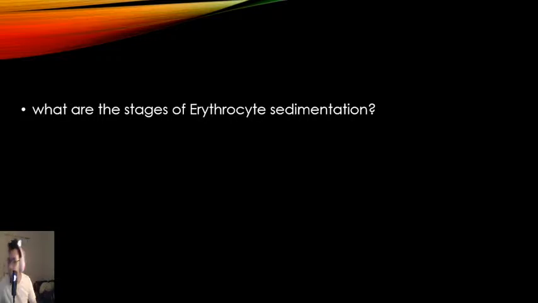How much time do we still have? 15 minutes. Alright, what are the stages of erythrocyte sedimentation? Do we need to know this? Yes. Well, there are 3 stages. The first is the first 10 minutes, when the rouleaux formation is slow.